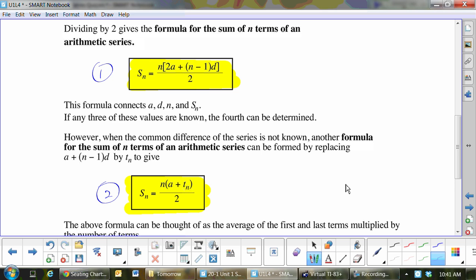Number 1, you need D. So if they give you D, use formula 1. Now, what about the second formula? What is the draw to use formula 2? Yes? Tn. Very good.